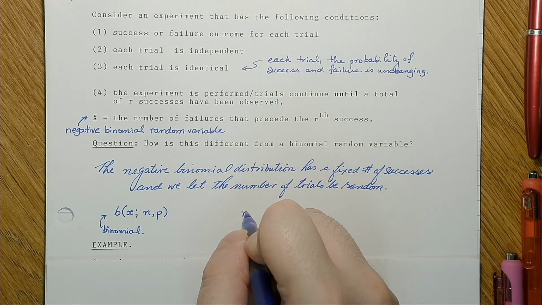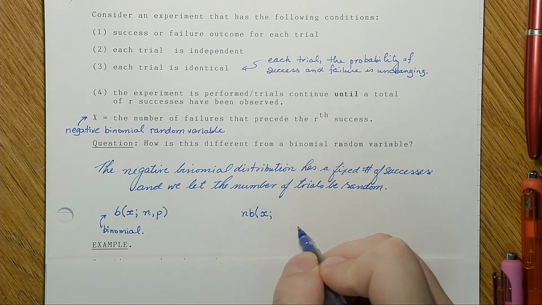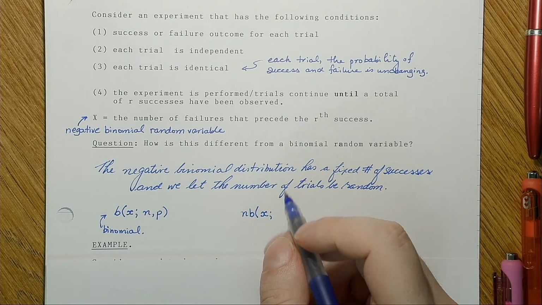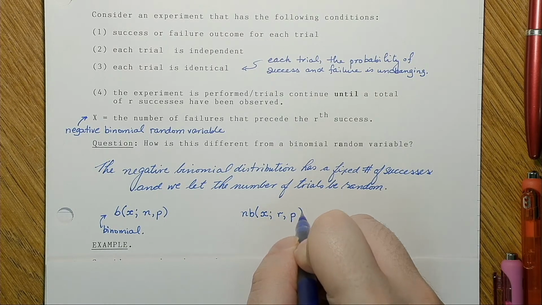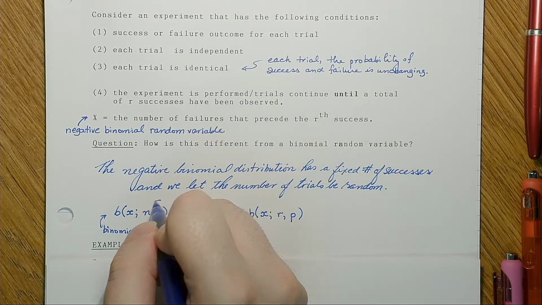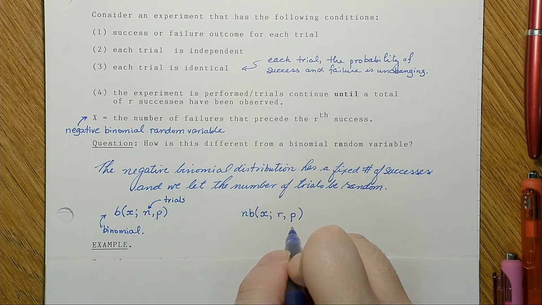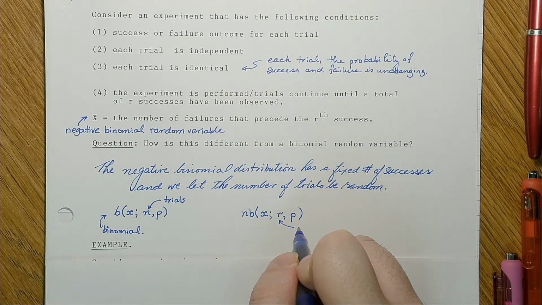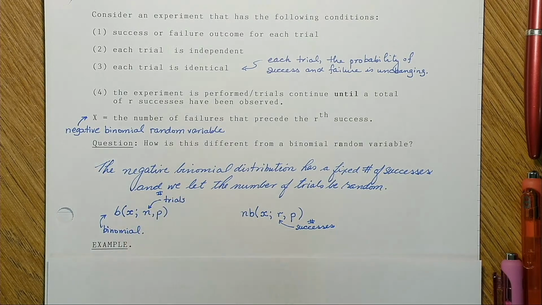Well, in the negative binomial, we'll have the number of failures, and we'll set the number of successes and then the probability. So you can see here, we're setting the trials, and over here, we're setting the number of successes. So those are the parameters.